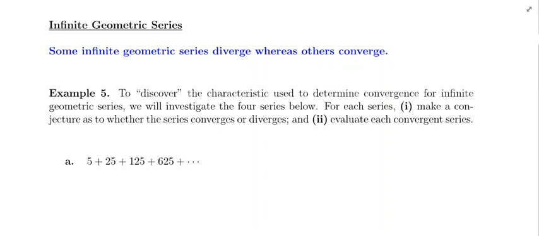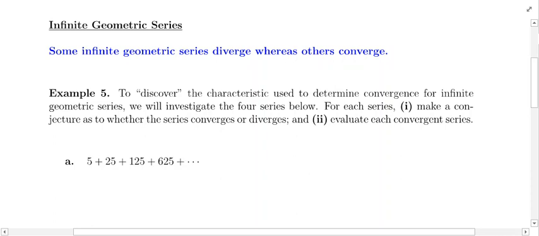And if we think that a particular series converges, we're going to try to come up with the number that the series converges to. Okay, so this is just an exploration kind of example. Okay, we're discovering what characteristic a geometric series has to have in order to converge.